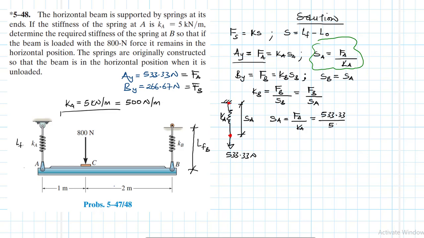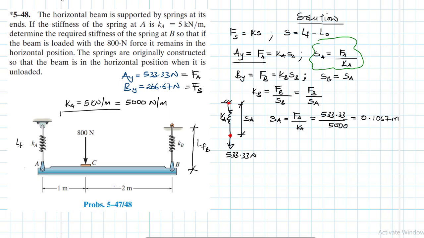So 533.33 divided by 5,000, we get 0.1067 meters. So that is the stretch.